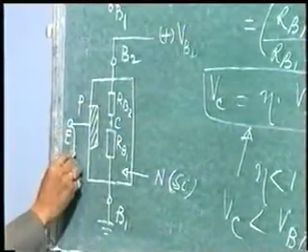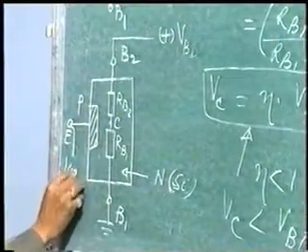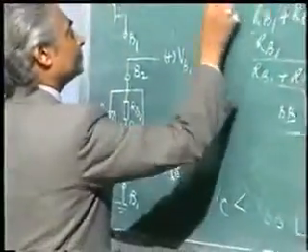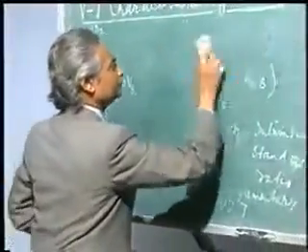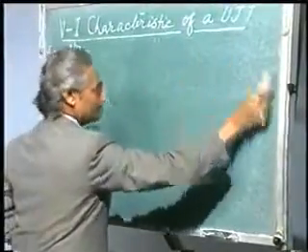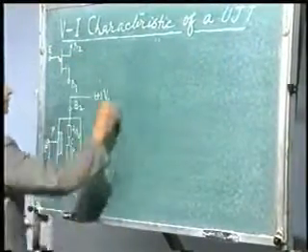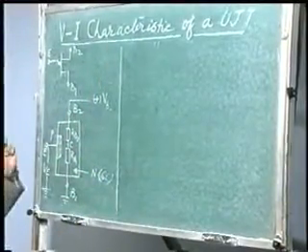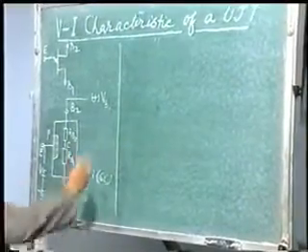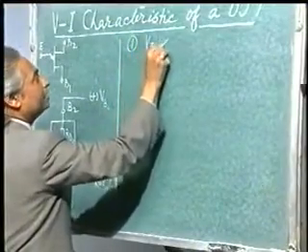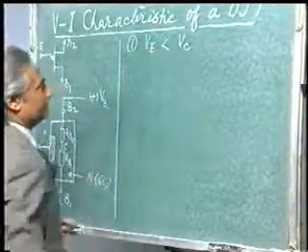Suppose I give a supply here VE and this point is grounded. What will happen? Let us analyze it. I have given a supply externally which is VE. Now there could be two conditions. Condition 1 is when VE is smaller than VC.